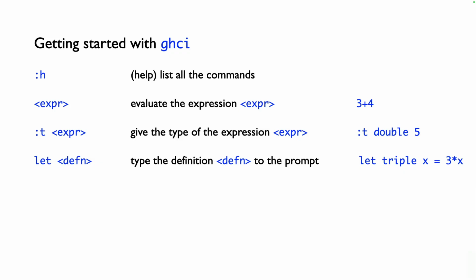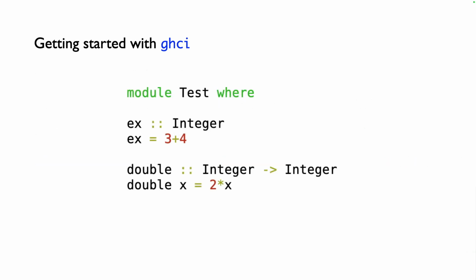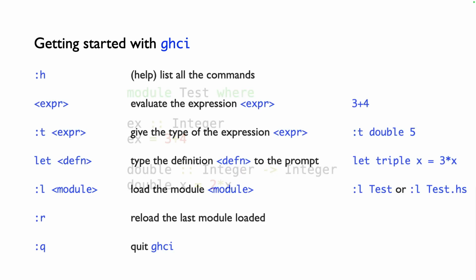So we've seen the example of evaluating an expression, finding a type. We've seen typing a definition to the prompt, but we've also seen that we can take a file, a module, stored in a file, test.hs, and load that module into GHCI, and once we've loaded it, we can evaluate expressions that involve the definitions in that module.